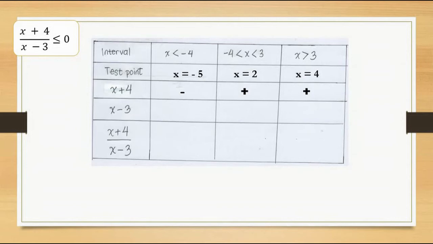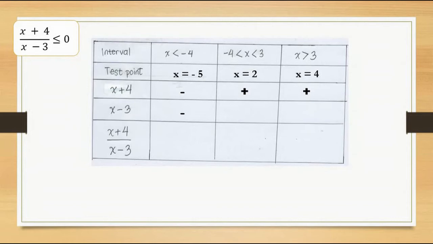Next, when x = -5, we substitute that into x - 3. So -5 - 3 is -8. We put a negative sign there. Next is x = 2.